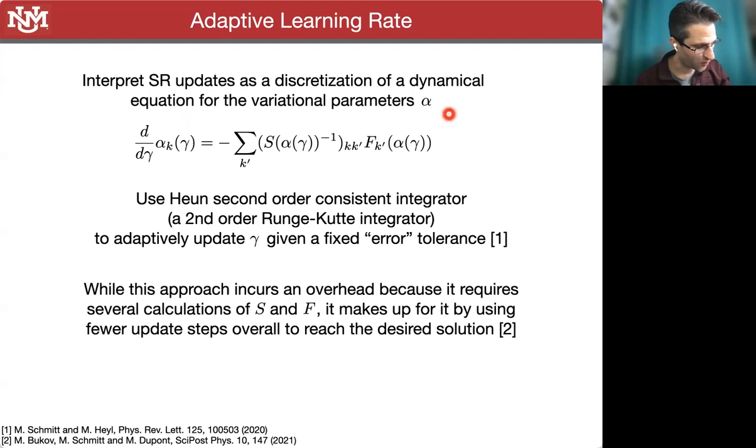So now I've promoted it to a dynamical equation. And then you can solve it using your favorite integrator with an adaptive step size. What people do in the literature, for example, is use a second order Runge-Kutta integrator where you fix some error tolerance and then you're able to dynamically update the step size.